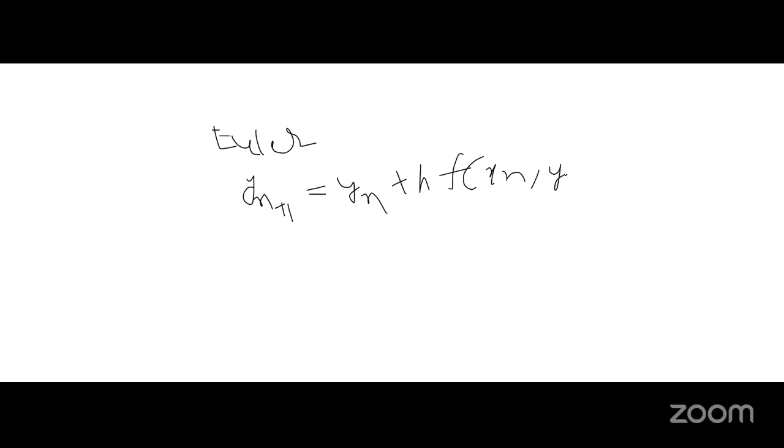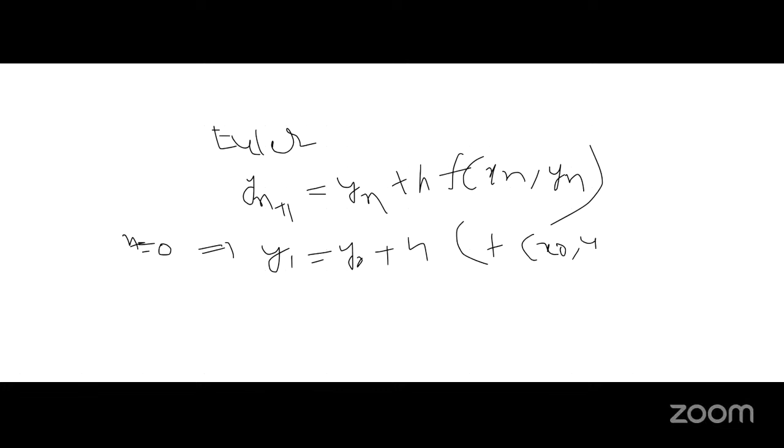Suppose n equal to 0, then we get y1 equal to y naught plus h into f of x naught comma y naught. Similarly y2 equal to y1 plus h into f of x1, y1. So this is Euler's method.